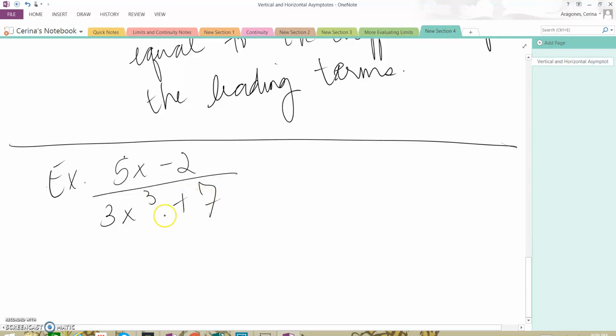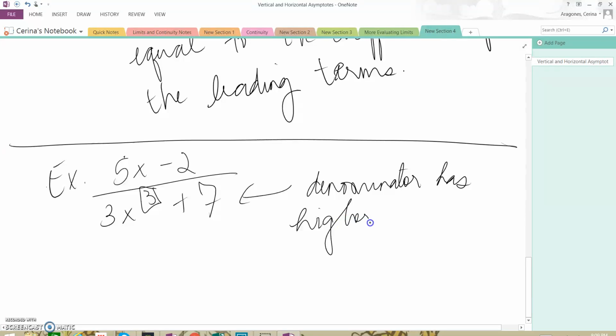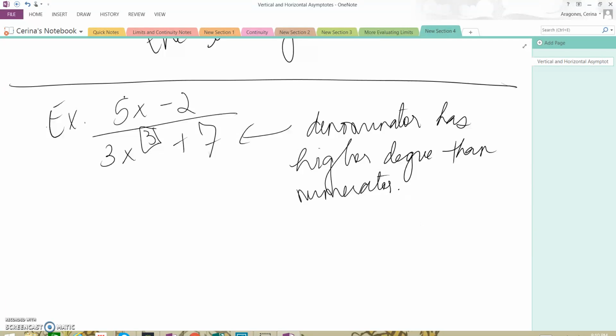So as you can see, in this case, our denominator has a higher exponent. So the denominator has a higher degree than the numerator.